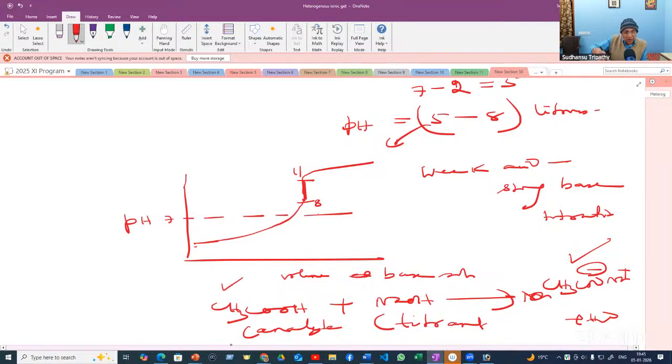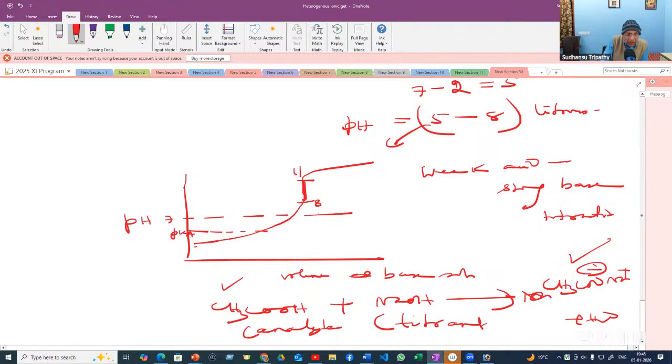And as you continue to add more and more NaOH, a time will come, a pH will come, a volume of alkali will come, when the acetate ion concentration, the salt concentration, is equal to the unreacted acid concentration. So log of salt by acid, log 1, becomes 0. So pH will be equal to pK.